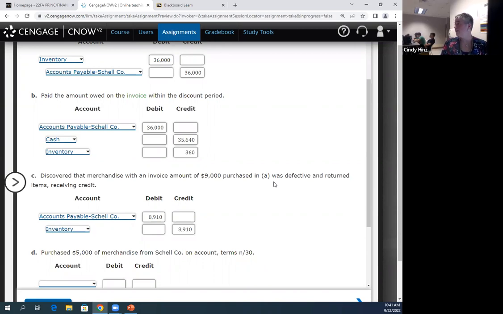If we only update our inventory periodically, we would not add the purchase or subtract the discounted amount or the return from our inventory. Our inventory under a periodic system, whatever it said at the beginning of the month, is going to say that same amount throughout the entire month. And at the end of the period, we would make one adjustment to make that inventory value be whatever we have left at the end of the month.